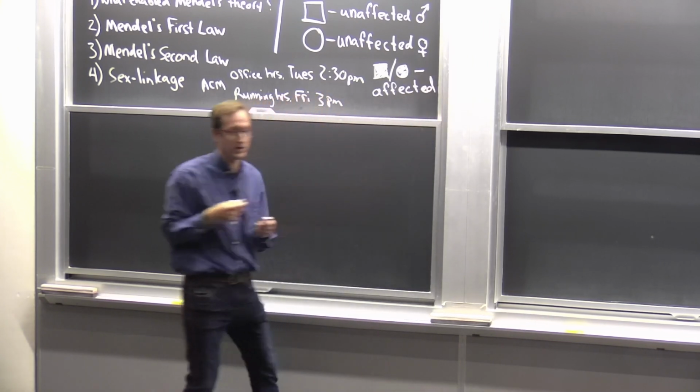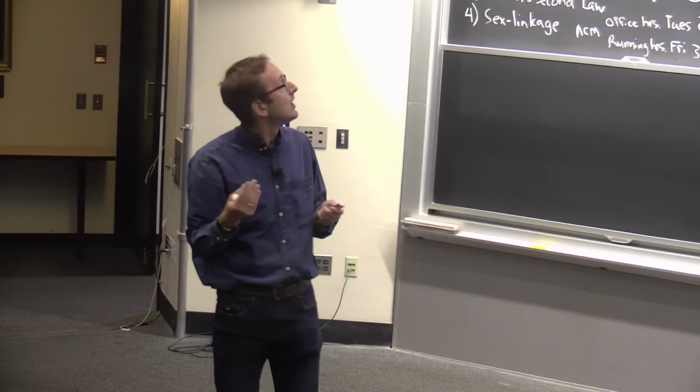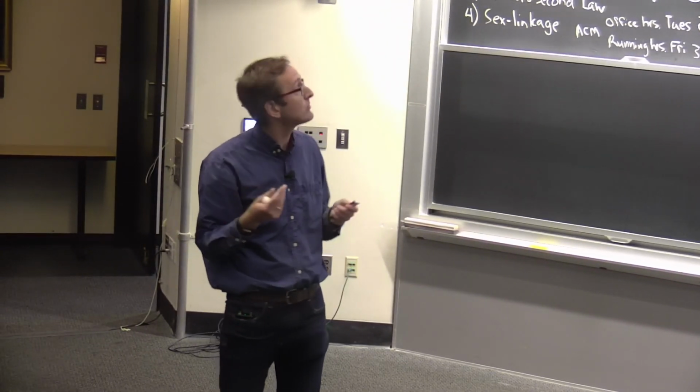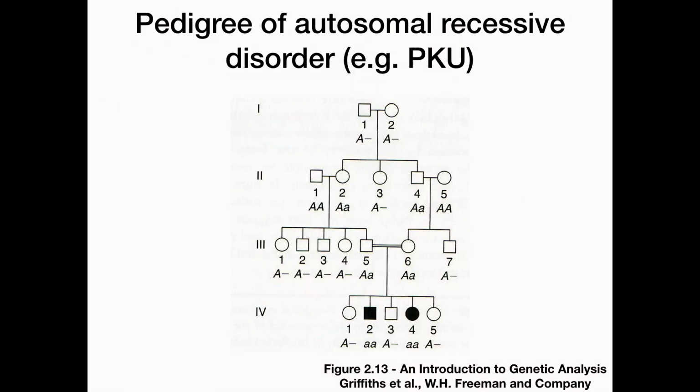So this is an affected individual, okay? This is an example of a disease that you've already heard about from Professor Imperiali. This is a family tree that's indicative of a type of inheritance that's seen in families with a disease called phenylketonuria.